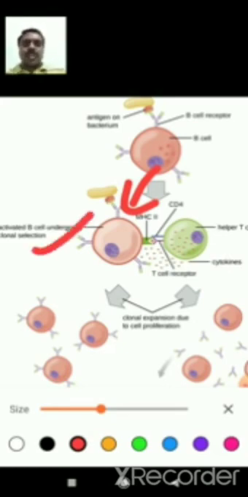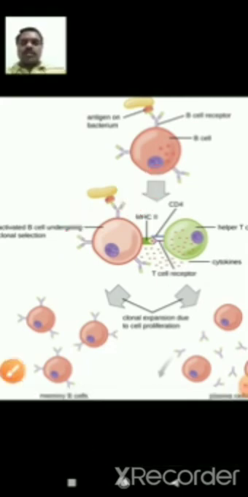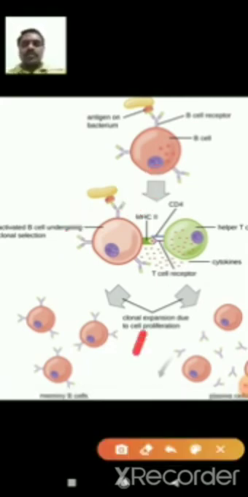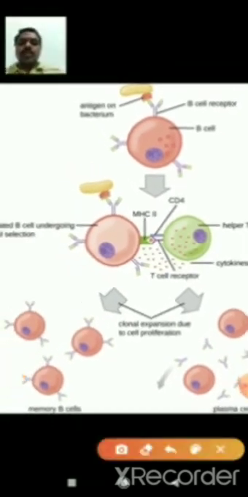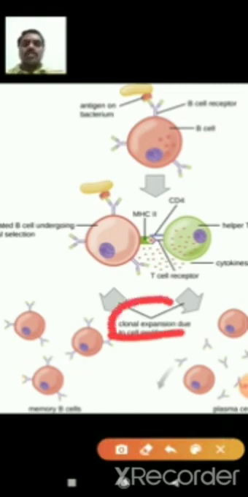After the activated B cells, it is ready for clonal expansion, which means producing different types of cells. That process we call proliferation.